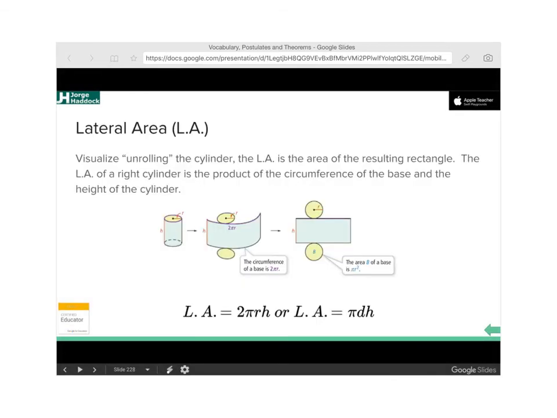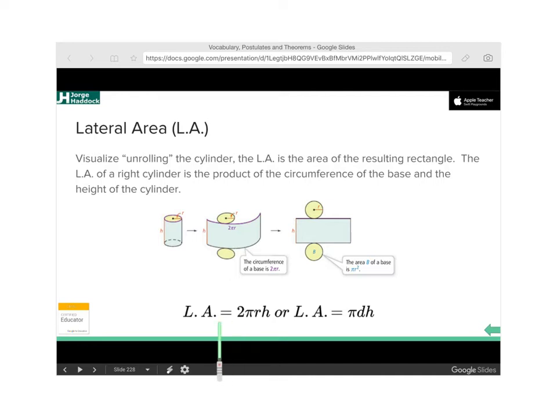But in this case, if we visualize the unrolling of a cylinder, think of a roll of paper towel where we take out one sheet, it forms a rectangle. So the lateral area of the cylinder is the area of the resulting rectangle. The lateral area of the cylinder is the product of the circumference of the base and the height of the cylinder.